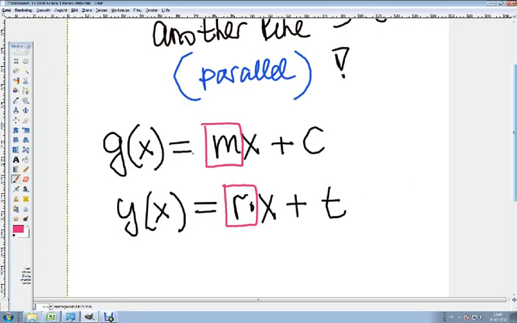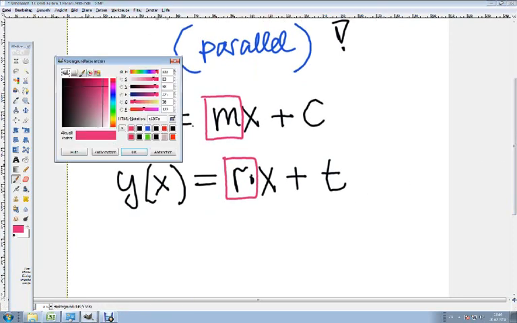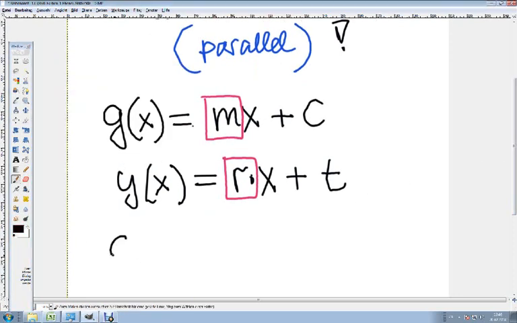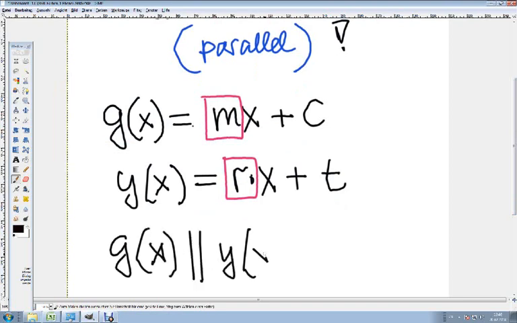If my lines are parallel, g of x is parallel to y of x, then my gradients are the same, m equals r.